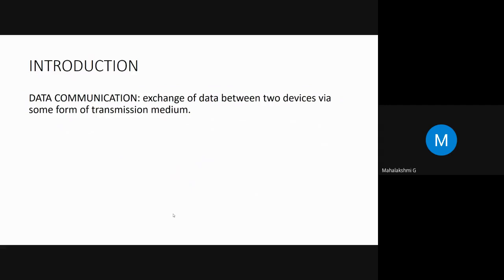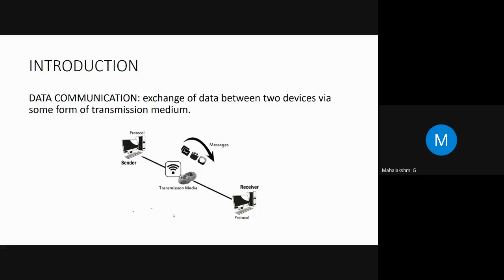In data communication, we exchange data between two devices via some form of transmission medium. For data communication to occur, the communicating devices must be part of a communication system made up of a combination of hardware and software.